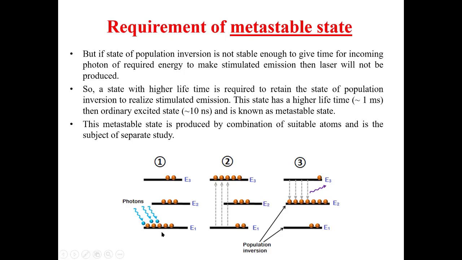So in this example, when the photon hits the electrons at the ground state, they excite to the excited state, and on the way back, they encounter another energy state with a higher lifetime. So they stay here for 10 to the power minus 3 seconds, and population inversion is achieved between this metastable state and this ground state, like this.